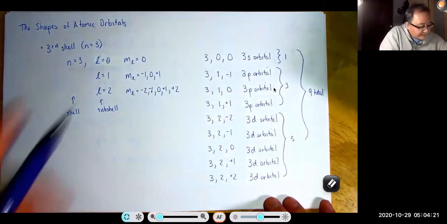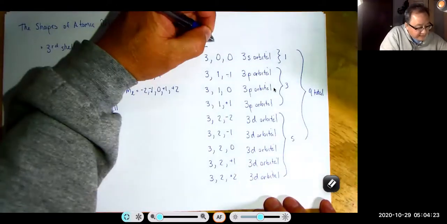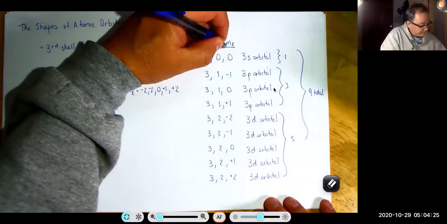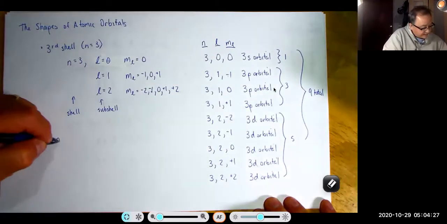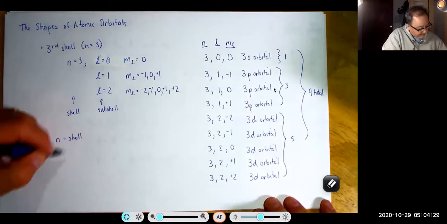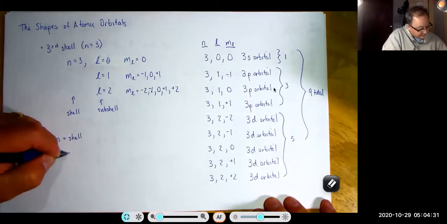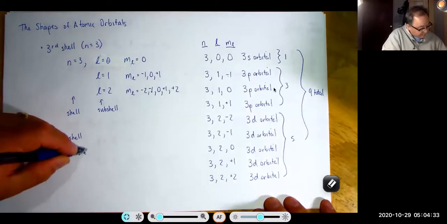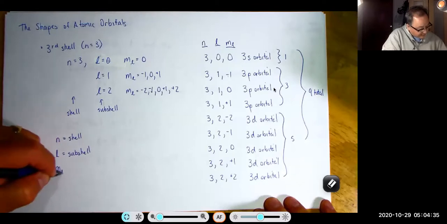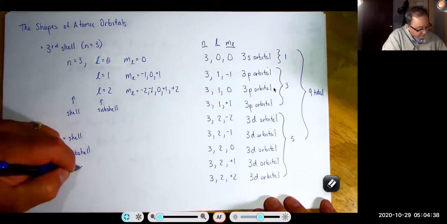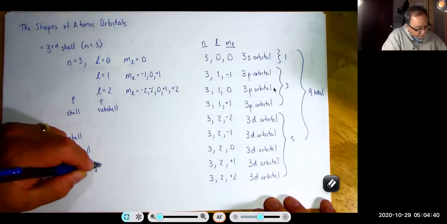Now, this is n, this is L, and this is m sub L. n is the shell, L is the subshell, but it turns out that L also gives the orbital type.